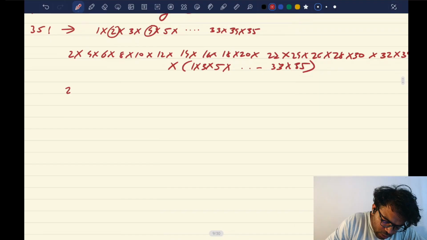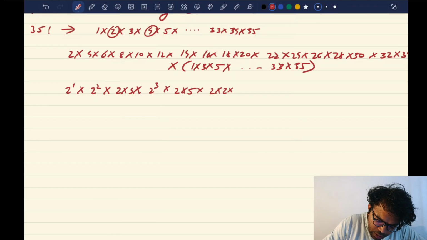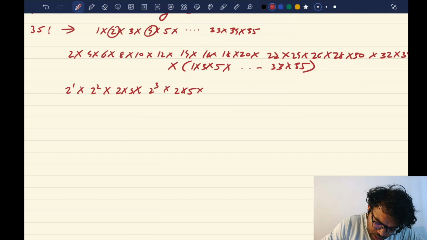So this will be 2 to the power of 1 multiplied by 2 to the power of 2 multiplied by 2 into 3 multiplied by 2 cubed multiplied by 2 into 5 multiplied by 2 into 2 into 3, 2 square into 3, 2 square into 3.